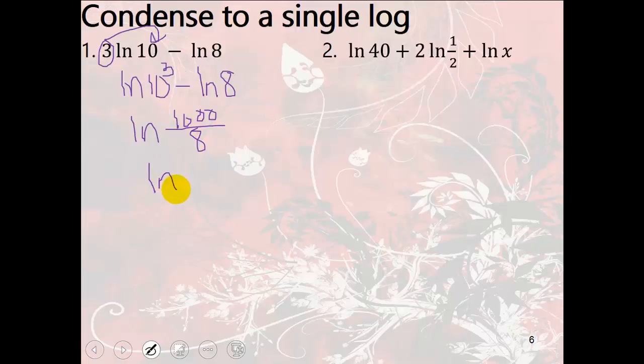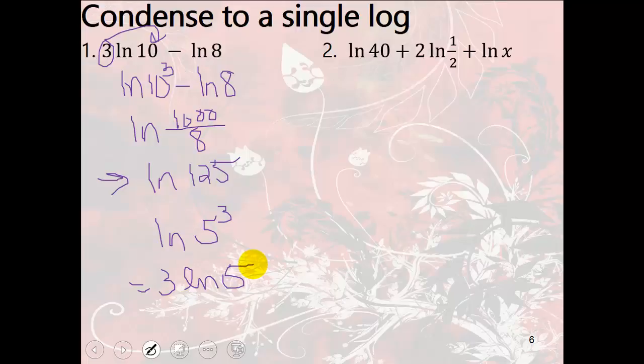So that's the natural log of 125. You could go further and say that that's 5 cubed, and this is sufficient. We could go the natural log of 5 cubed, and that would equal 3 times the natural log of 5. This would be its most simplified, and this would be its condensed version.